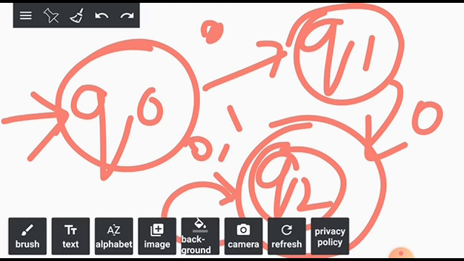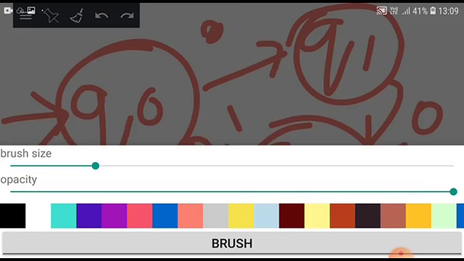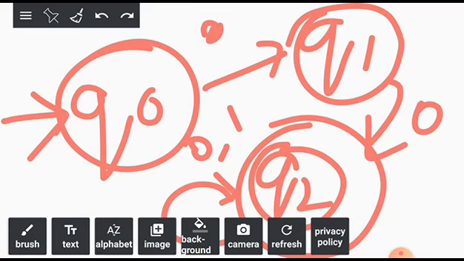We have already learned that in the case of the DFA, we have to make a transition for each and every input symbol, but in this way there is no need to mention a transition for each and every symbol. Here I am only placing the transitions for Q0 on getting input 0. I am not representing any transition for what will happen if Q0 gets input 1.